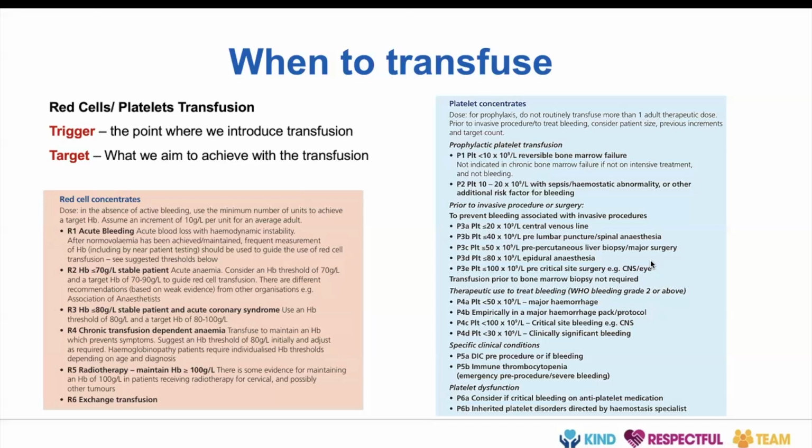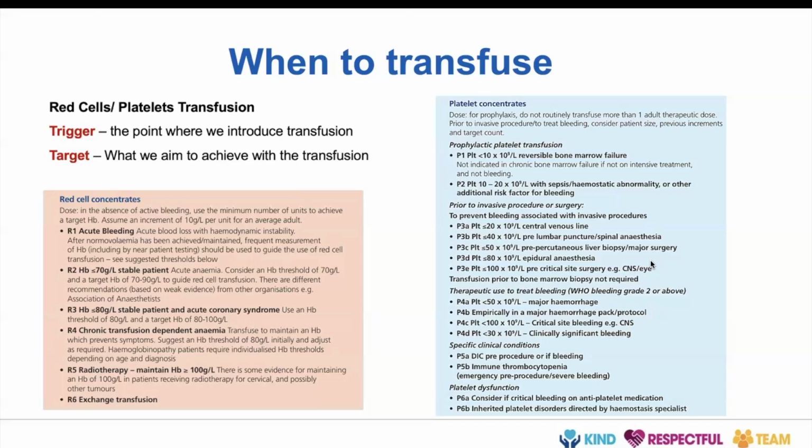Now, if you look in this orange box that I've populated here, you'll notice that these numbers come from what we call the National Blood Transfusion Committee. That's the committee that produces the guidance for national transfusion thresholds for this country. So the group that MDS and CMML patients, or patients with myeloid dysplasias or myeloproliferative neoplasms, would fall into is this R3 category, or R4 as well.